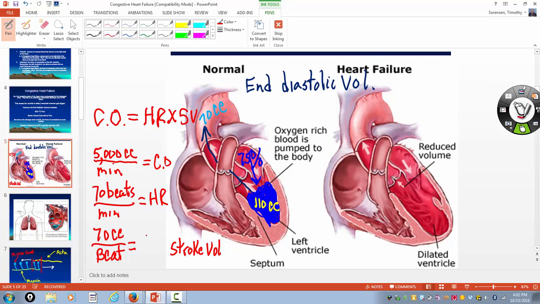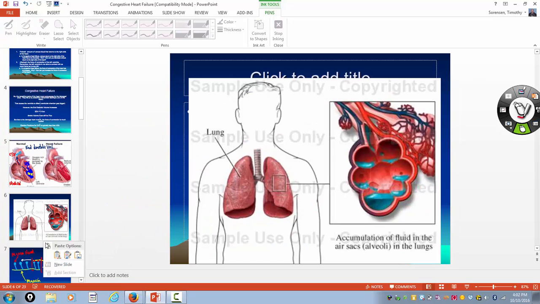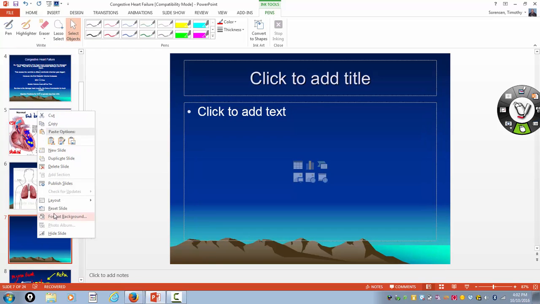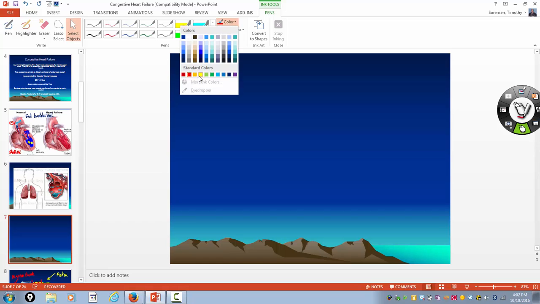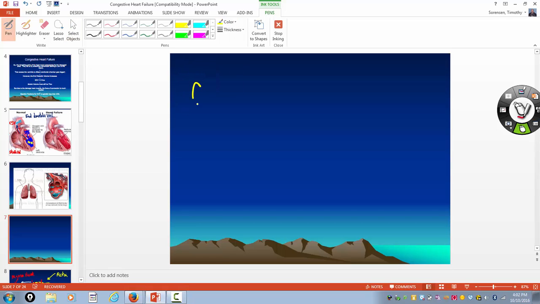That's your stroke volume. So, on a new slide here, we know that cardiac output equals heart rate multiplied by your stroke volume.